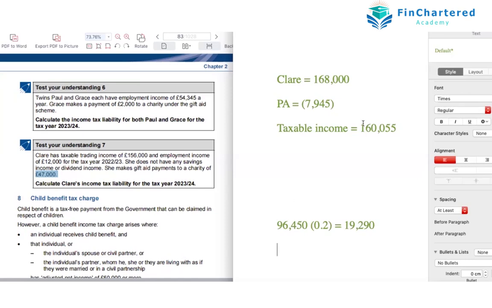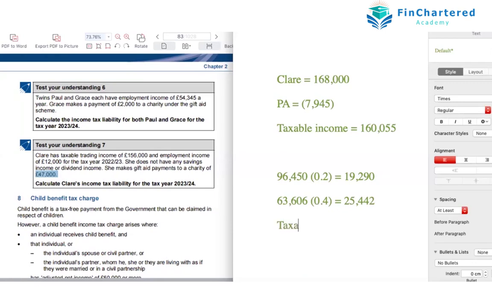The remaining amount, again from 160,055, if 96,450 is taxed at 20%, how much is the remaining amount? 63,605 will be taxed at 40%. So how much is it going to be? 25,442.